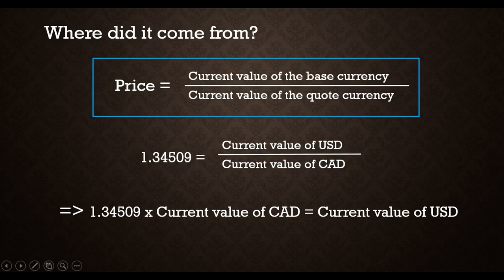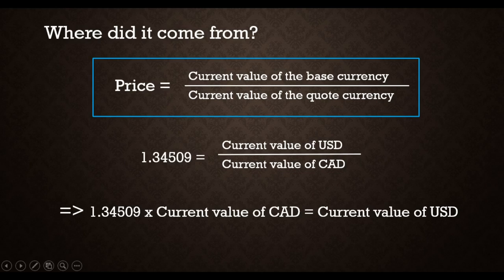From that we get, 1.34509, we multiply both sides by the current value of the Canadian dollar, then we get this equation: 1.34509 multiplied by the current value of the Canadian dollar is equal to the current value of the United States dollar.